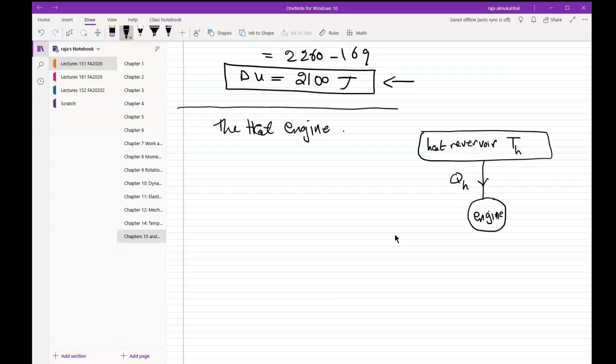As a result, the engine will do work. The work that comes out is the motion of the car, the spinning of the wheels, if you will. And of course, there will always be leftover heat expelled at a lower temperature. We're going to call it Q sub C, C for cold, and it goes to the environment or the cold reservoir.